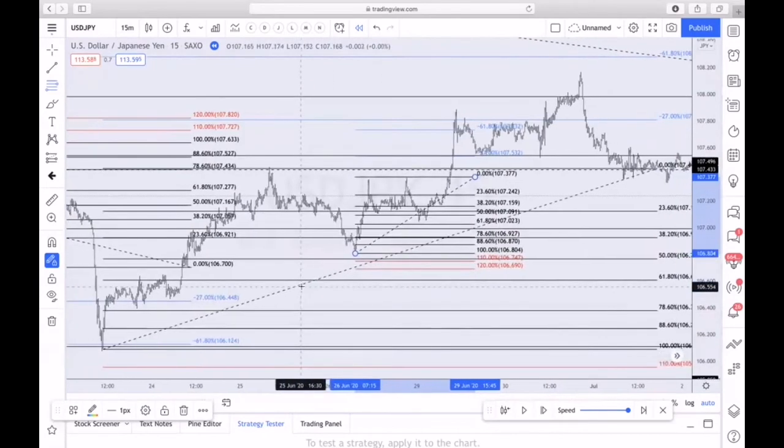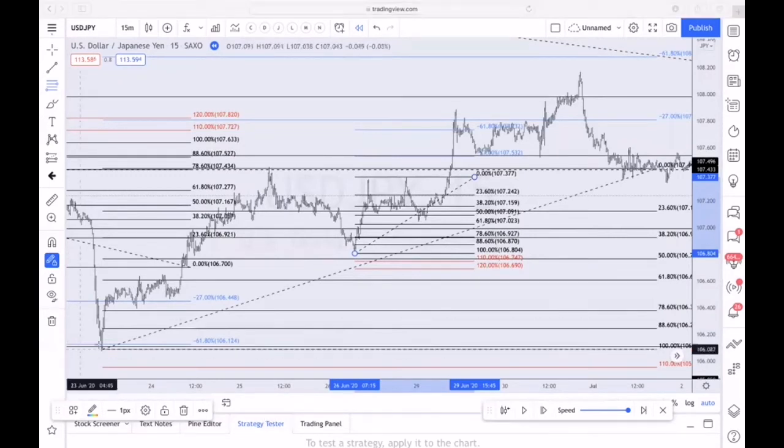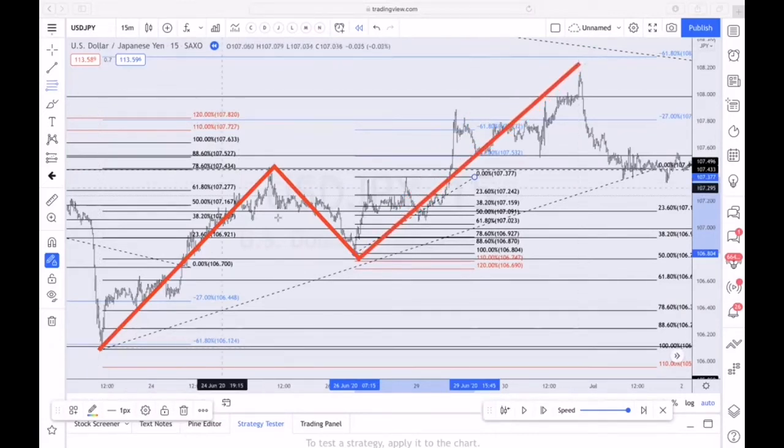I just want to make sure you guys can see the difference. So we have impulse, correction, continuation. This is your overall 30-minute. Then this 15-minute that you see inside of here, I have impulse, correction, continuation. Also right here, impulse, correction, continuation.